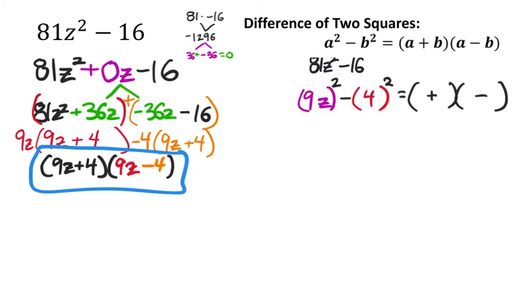Okay, now, again, this original expression there, 81z squared minus 16. I didn't change the value of it, I just changed the way it looked. So the 9z I can see is my, I guess we'd say that's the a on this one. So I'm going to put it wherever I see a in this original expression, so 9z.